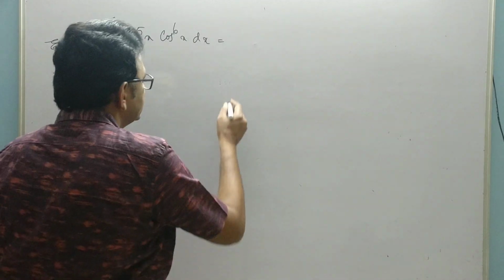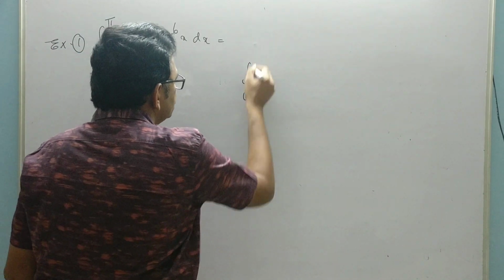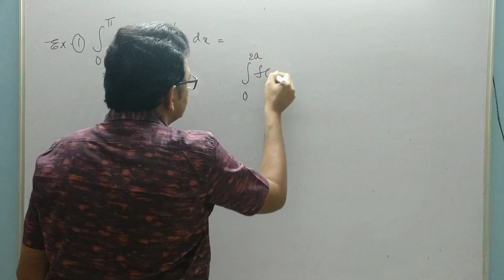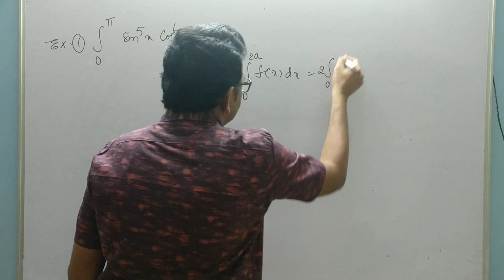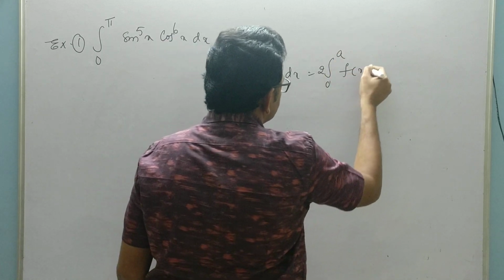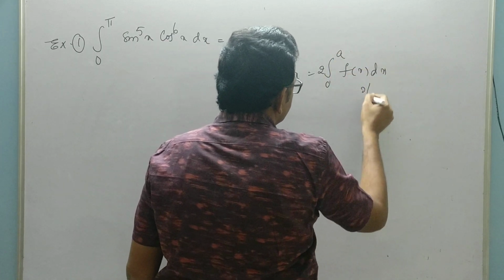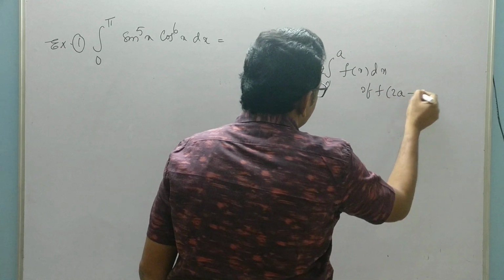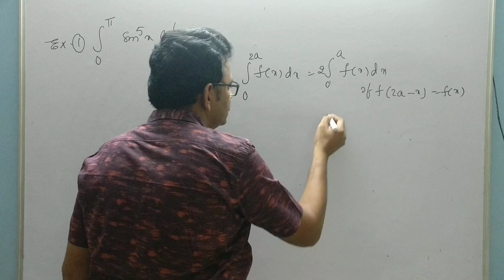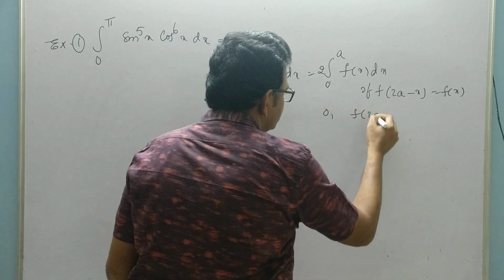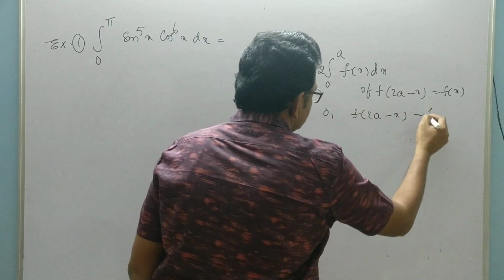Now I am taking the formula: integral 0 to 2a f of x dx is equal to 2 times integral 0 to a f of x dx, if f of 2a minus x is equal to f of x. Otherwise it is 0 if f of 2a minus x is not equal to f of x.